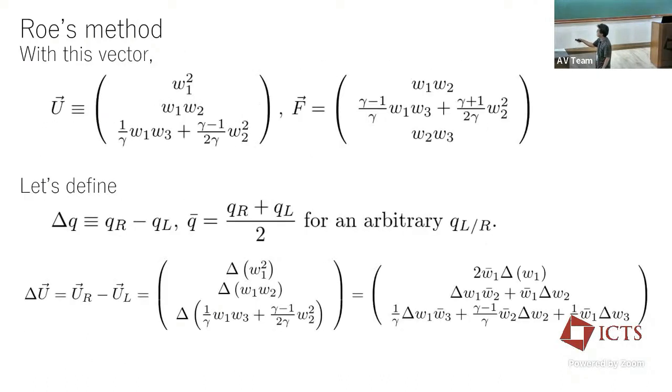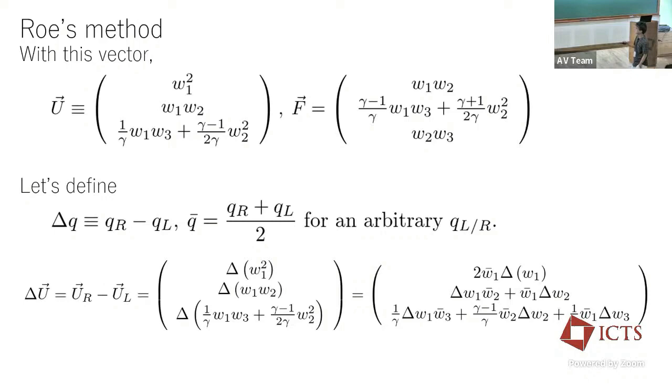So now U, that is rho, rho u, and E, the energy, is written by these parameter vectors. It's straightforward. It's something like this, and the flux F is written by w1, w2, w3, given something like this. This is a straightforward calculation. And let's define delta Q as the difference between Q_L and Q_R. Also, Q bar is the average of Q_L and Q_R. Then if you calculate the delta U by plugging in this expression, this delta is acting like a differential operator, and you can get this expression, right?